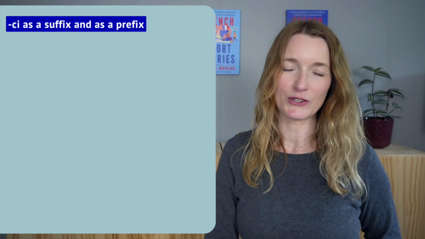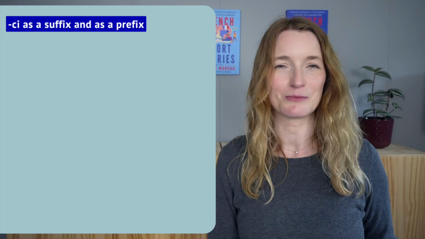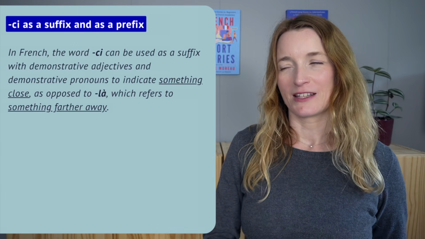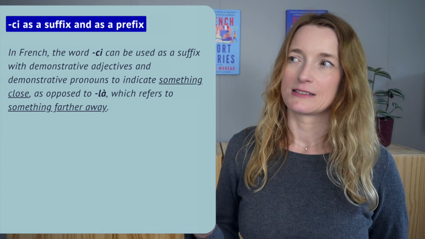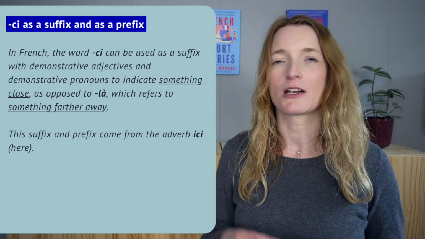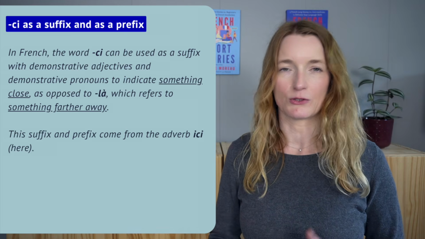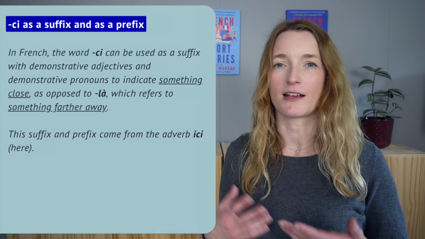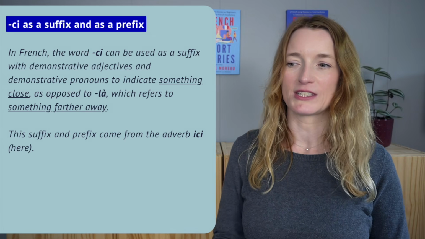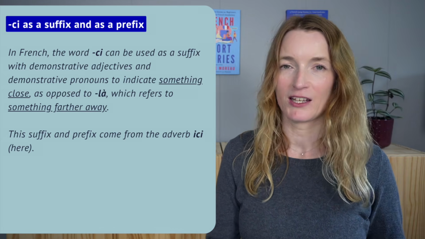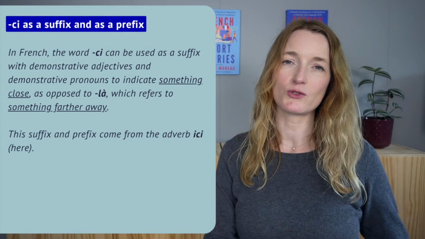Okay, that's it. Let's now focus on ci as a prefix and as a suffix. In French, the word ci technically doesn't mean anything. It comes from ici, so here. It's also an adverb, just like là. Ici we are going to shorten to ci.